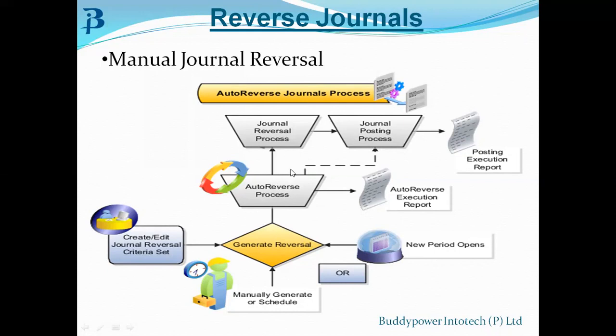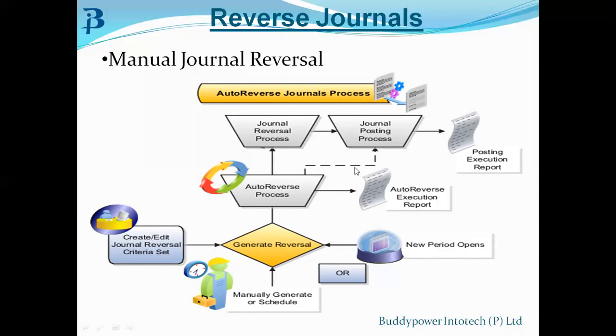Then the general ledger automatically creates the auto reverse execution report when the auto reverse process completes successfully, saying that the journal entries have been reversed automatically. The report prints the journal name and the reversal period for each journal that is successfully reversed, and whether the reversal journal is submitted for posting or not.